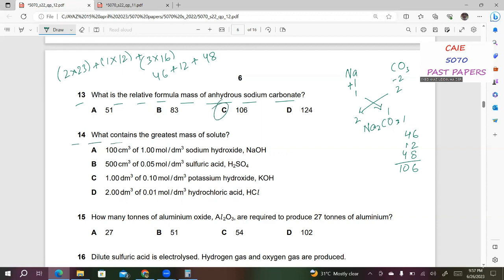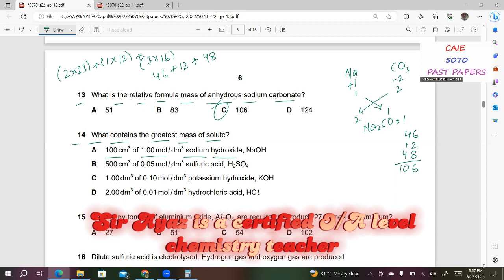14, what contains the greatest mass of solute? First of all, you have to calculate the moles of each. In A, 100 centimeter cube of 1 mole per dm cube sodium hydroxide. 1 dm cube means 1000 centimeter cube contains 1 mole.